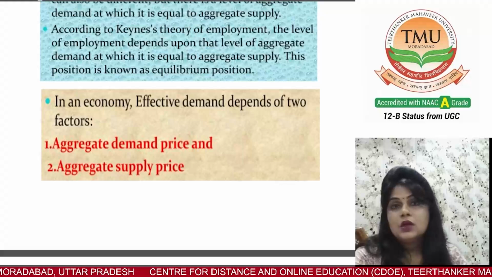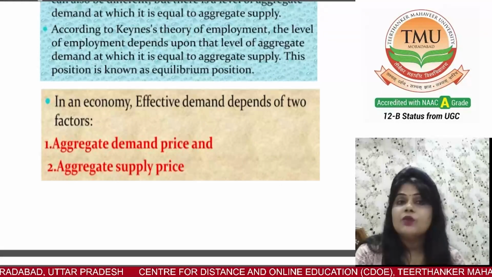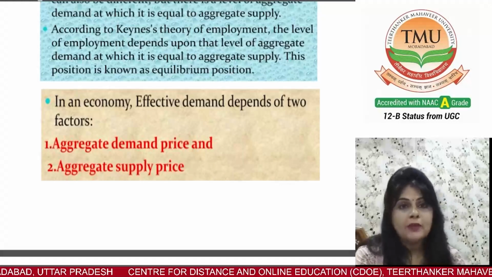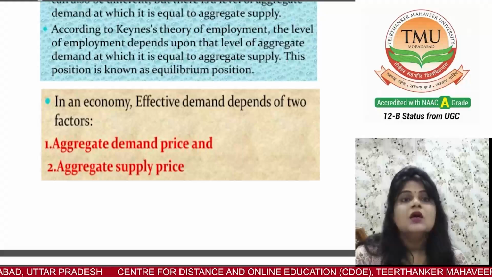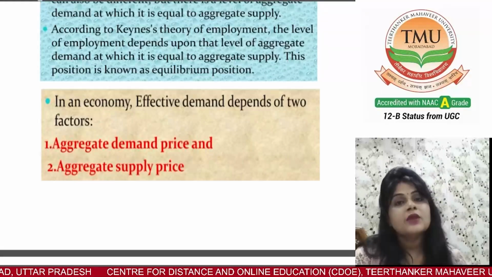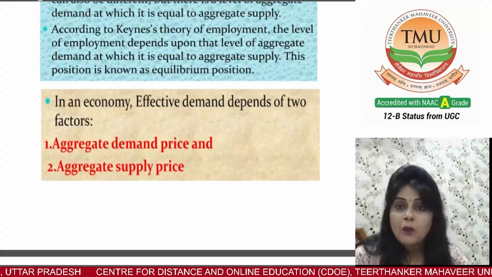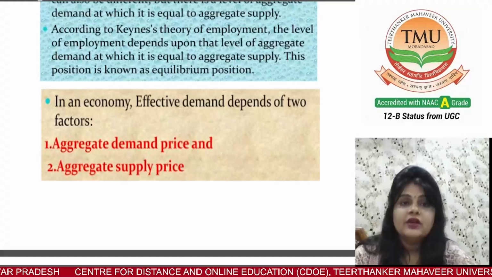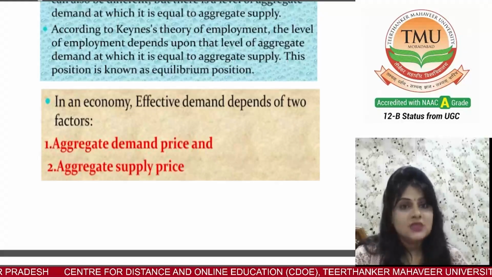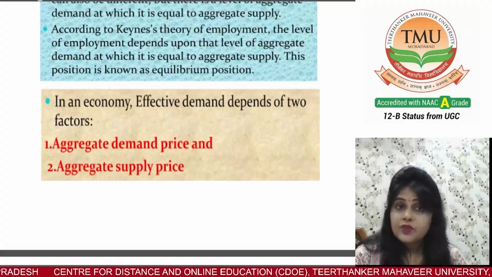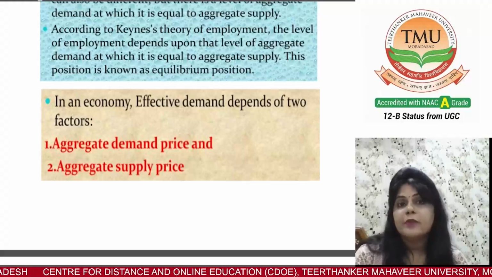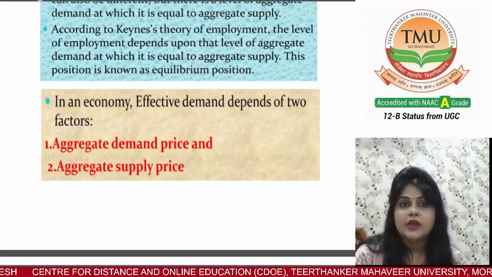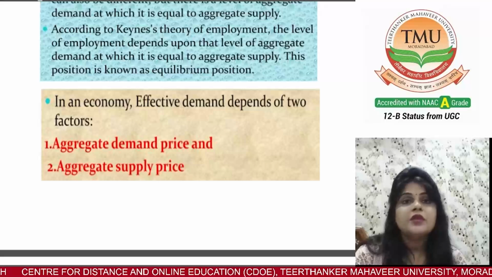As you know, according to the classical economists, there will always be full employment in a free enterprise capitalist economy because of the operation of Say's law and wage-price flexibility. This classical economic scheme underwent attack during the Great Depression years of 1930 at the hands of J.M. Keynes.